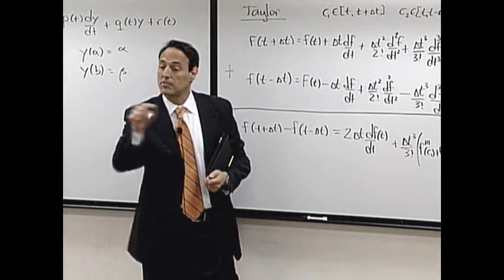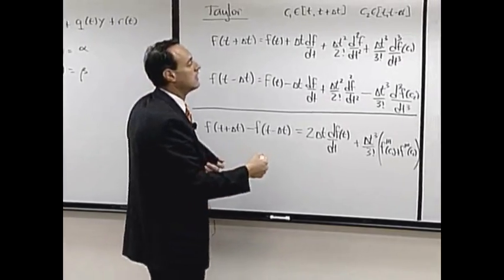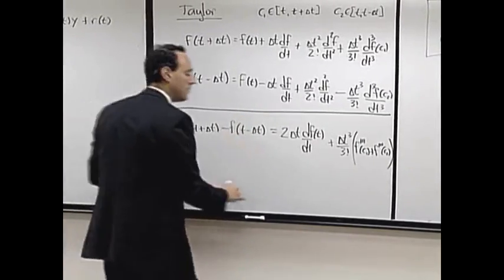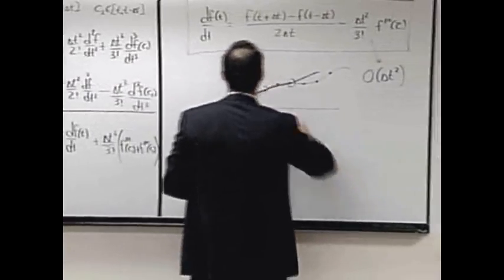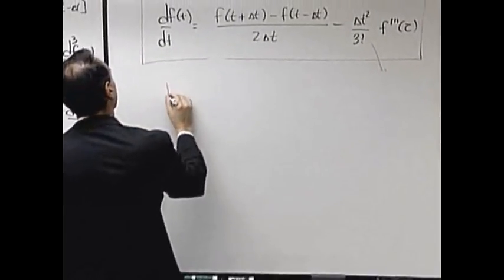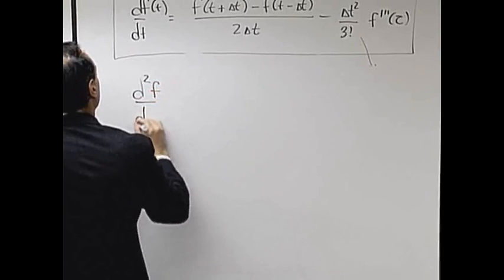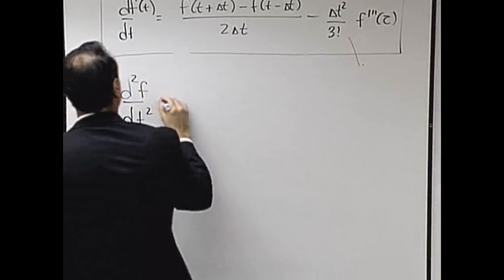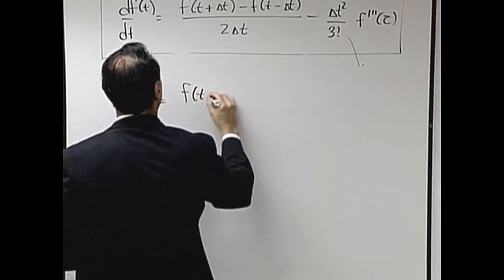Okay? And in fact, the second derivative, let me write it down here. If you add those, so subtracting gives me the first derivative. Adding gives me a second derivative, which looks like this.